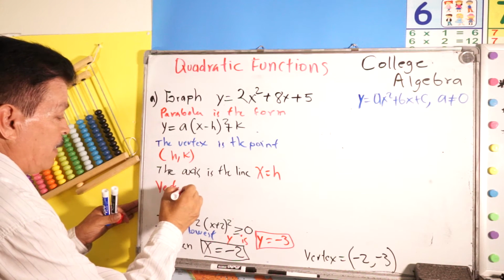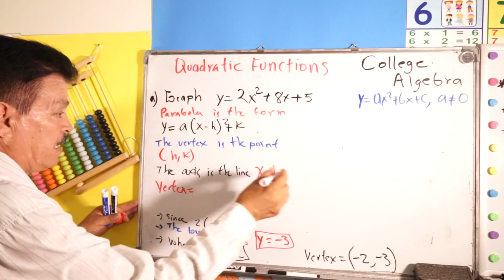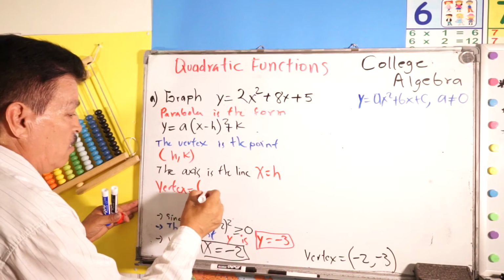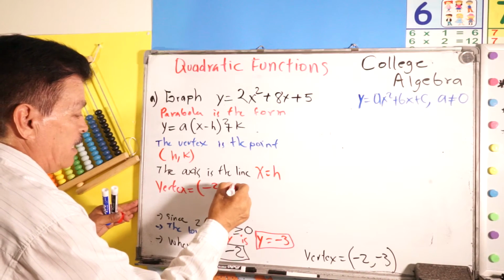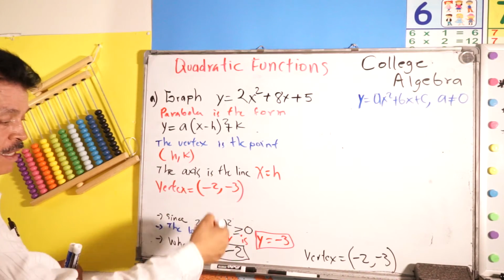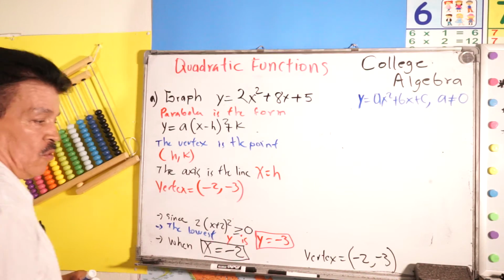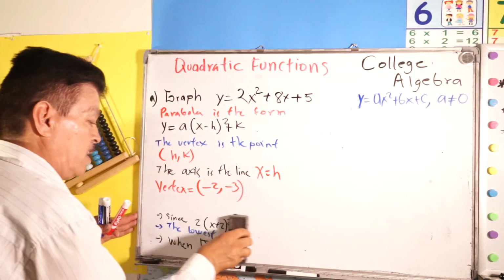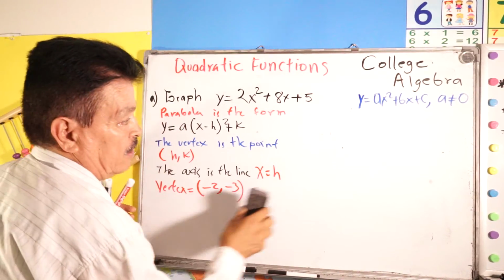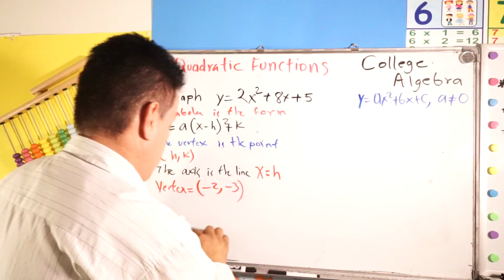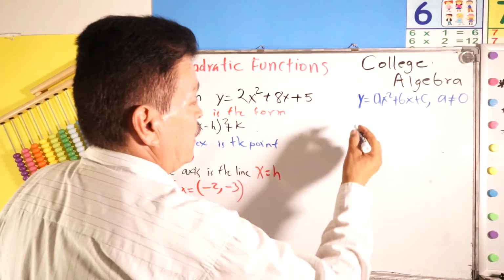I will make the graph now. The vertex is (-2, -3). In this case, we did the whole process, so I erase everything.